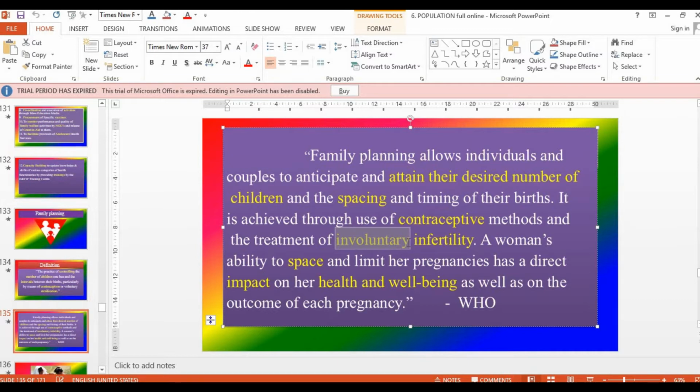Infertility means a couple is unable to bear a child due to various reasons, biological or other. Women are able to space and limit pregnancies, which directly impacts health and well-being and the outcome of each pregnancy. So this is the WHO definition. Keywords should be remembered.